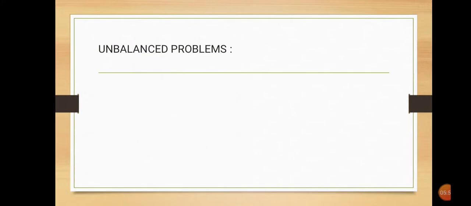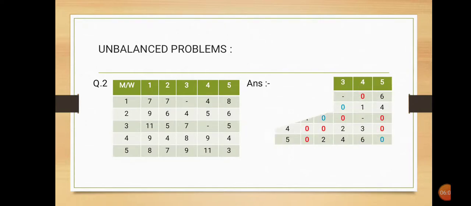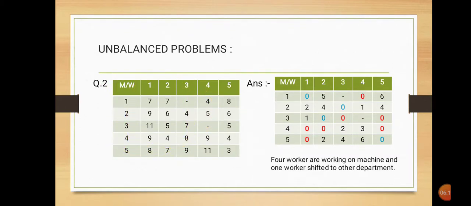Now for the unbalanced problem, I have given a question for you; solve it and get the answer. The answer will also be given. For solving this problem, the line method is used 2 times, and still we do not get the correct total cost or allocations. That's why we write that 4 workers are working on a machine and 1 worker is shifted to another department.